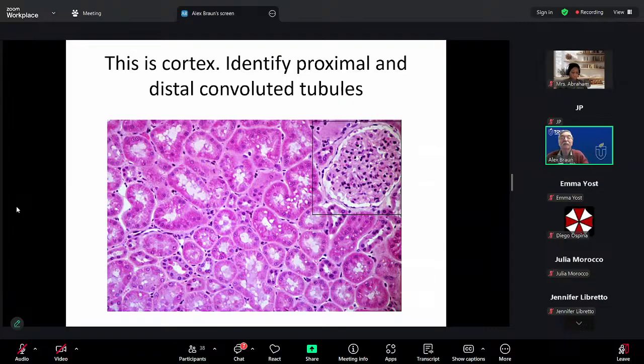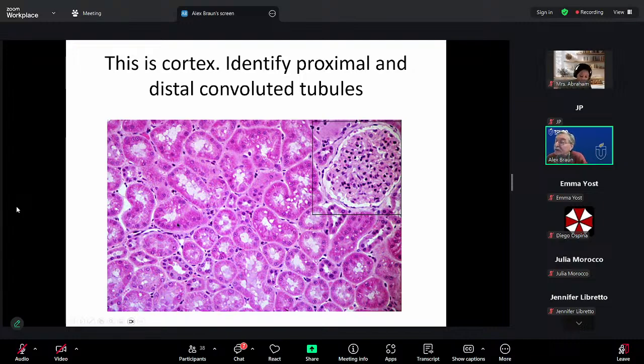The proximal convoluted tubule, being a workhorse of absorption, has cells which are bigger in their volume compared to the distal tubules. They tend to be taller and pinker than the distal tubules because they contain lots and lots of mitochondria, perhaps even more than the distal tubules, although the distal tubules contain lots of mitochondria as well.